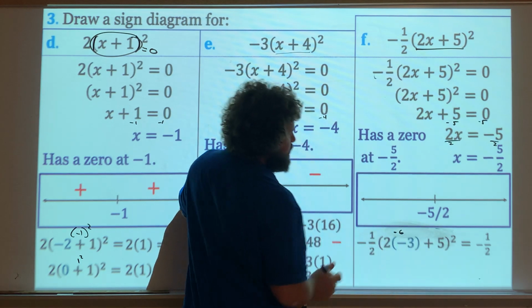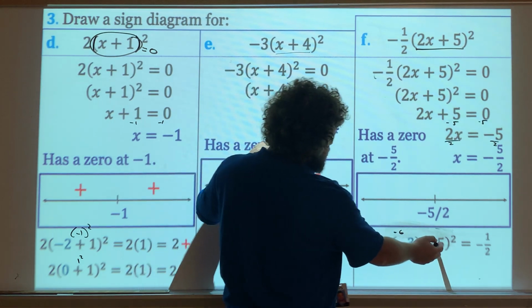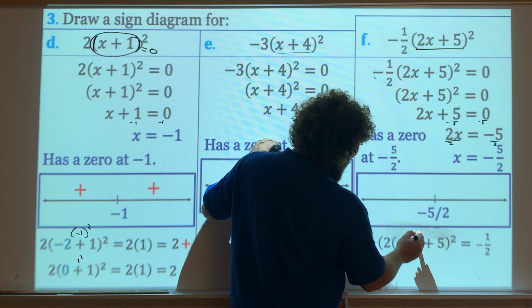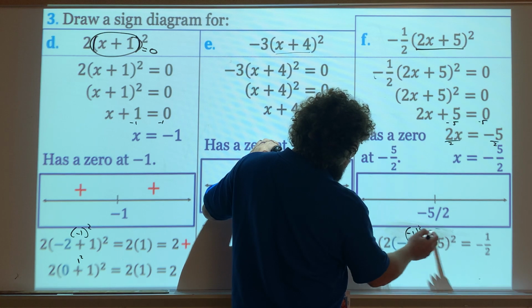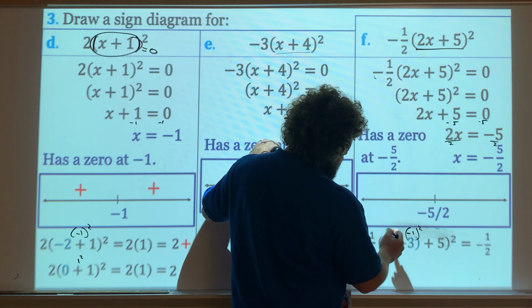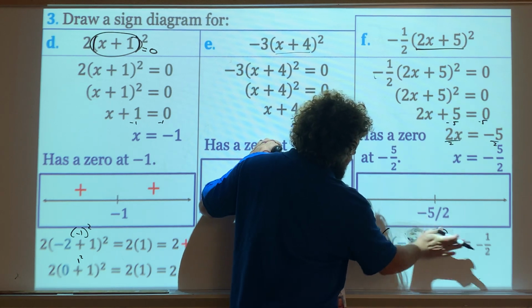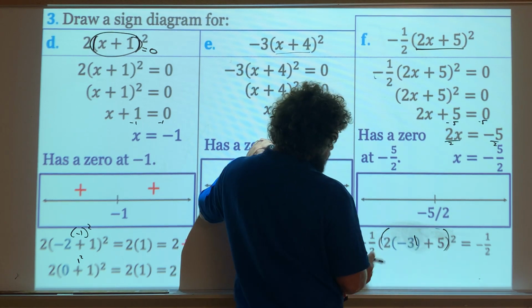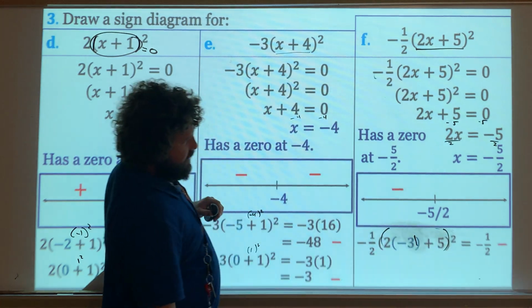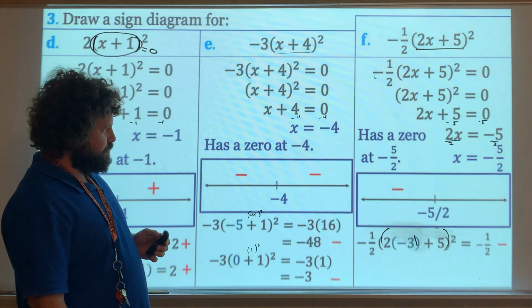Let me make sure my math's right here. So this is negative 6 plus 5, right? So that means that inside now is negative 1. Negative 1 squared is 1. Negative 1/2 times 1 is negative 1/2, which is negative, and that's my answer.